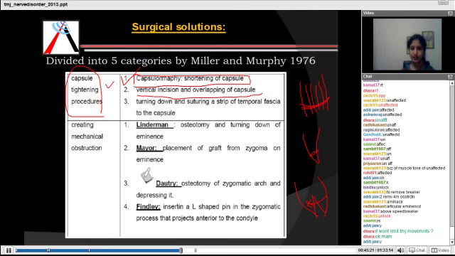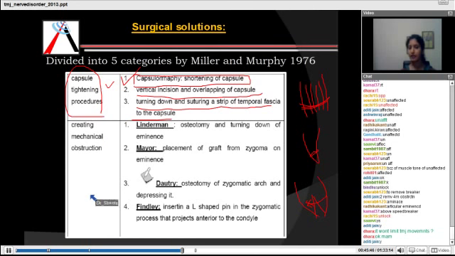Next is turning down and suturing a strip of temporal fascia. You remove a part of the temporal fascia and put it onto your capsule and tighten it over there so that your capsule becomes tightened. So these are the 3 procedures by which you tighten your capsule.